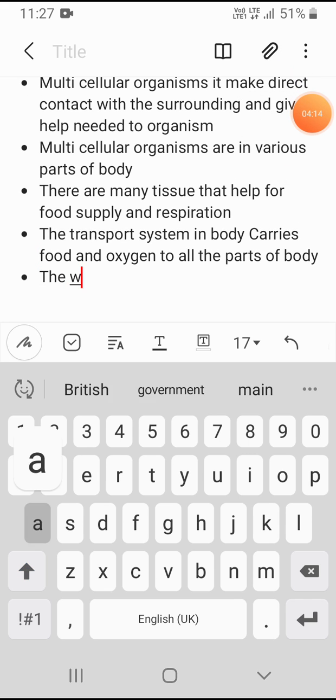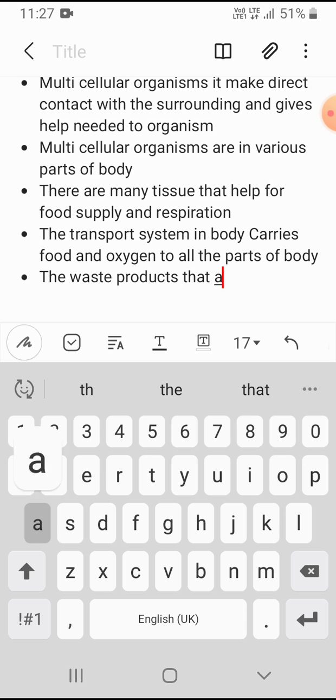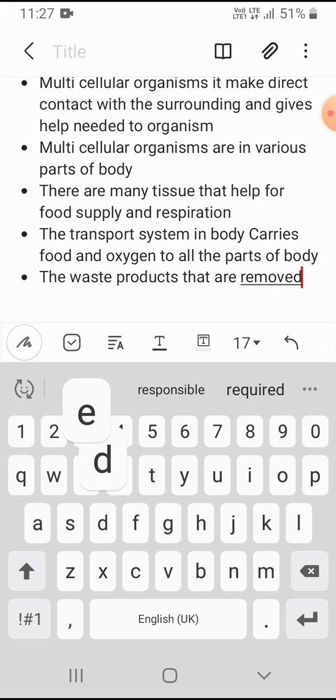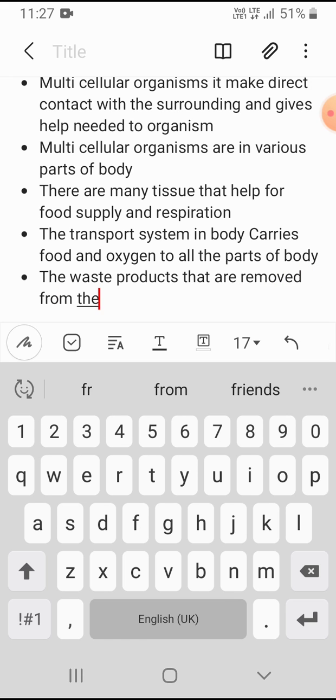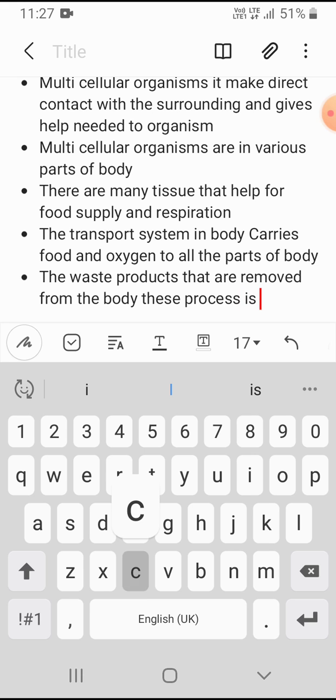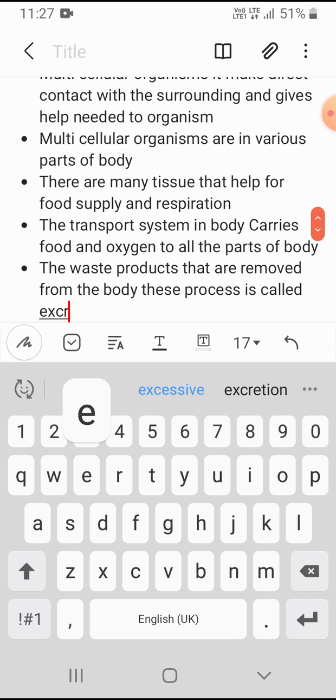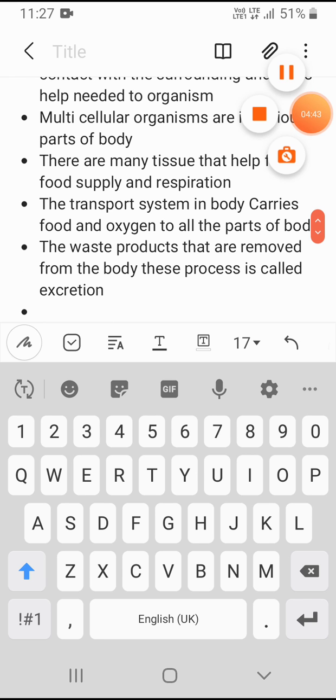The products that are removed from the body, this process is called excretion.